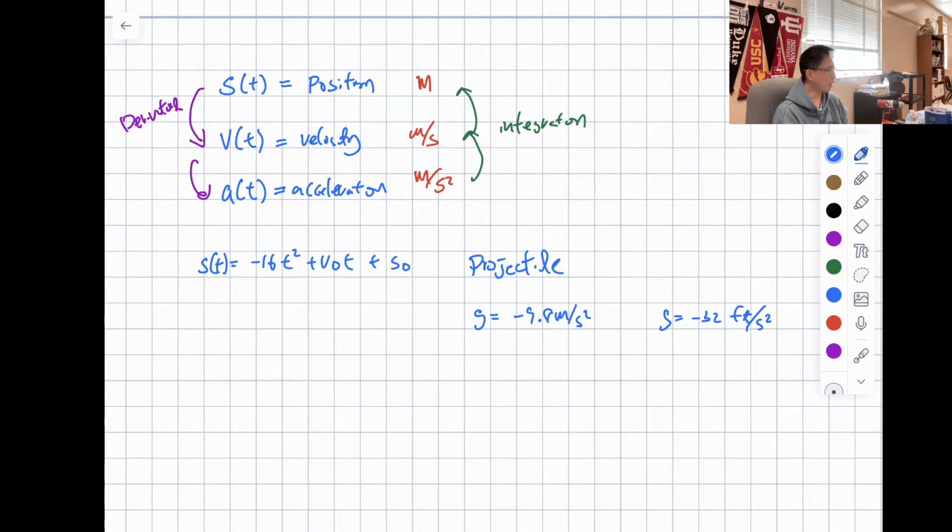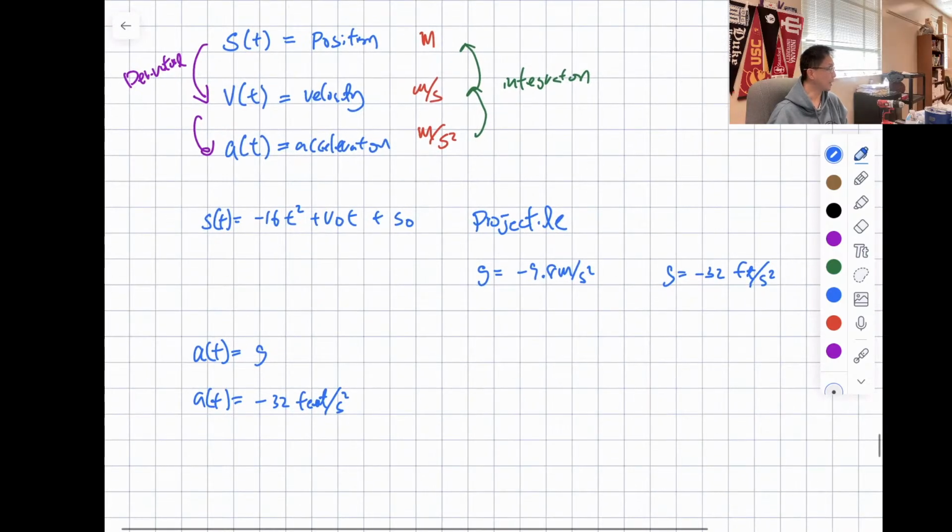Now let's talk about the wave. Some people say free fall. It's true, it is free fall in some way, because free fall is part of projectile. That's the a of t, which is the gravity. a of t is equal to negative 32 feet per second squared.